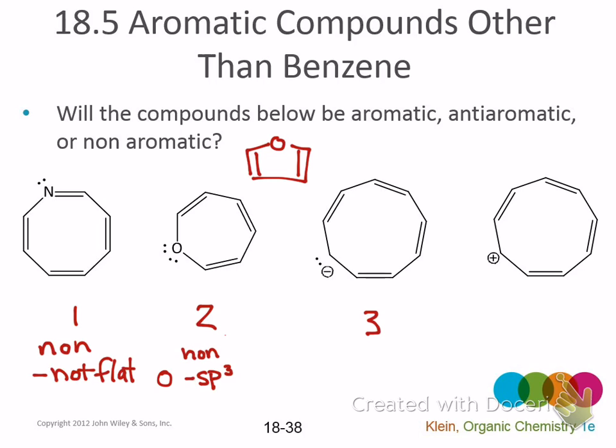Well, right now the oxygen has 2 pairs in it, right? Like this. Looks angry. So it's got 2 lone pairs on it. So it's sp3 hybridized, right? So if it doesn't participate, it's non-aromatic. But if it does participate, what happens? It's aromatic.